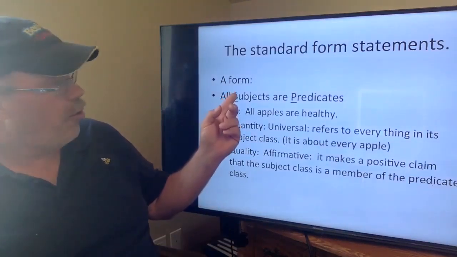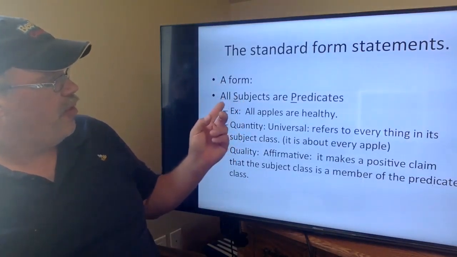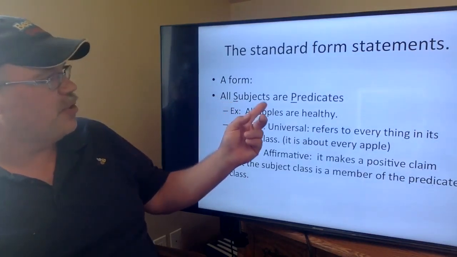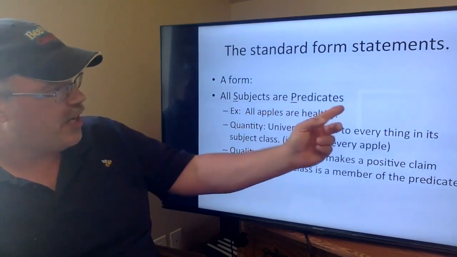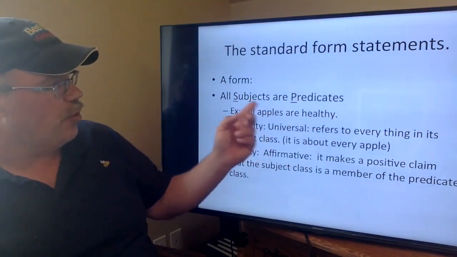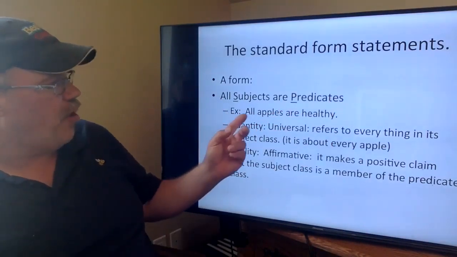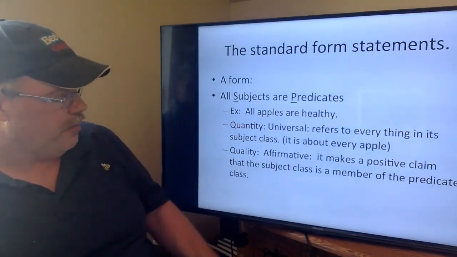In the first form, the A form, this is the expression where it's all, and then whatever subject you wish, are, whatever predicate you wish. For example, all apples are healthy.